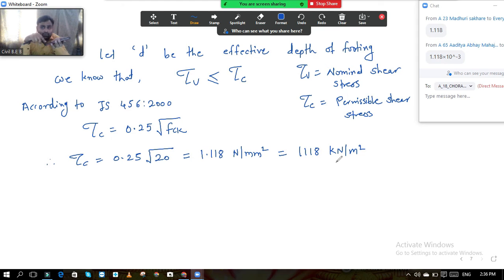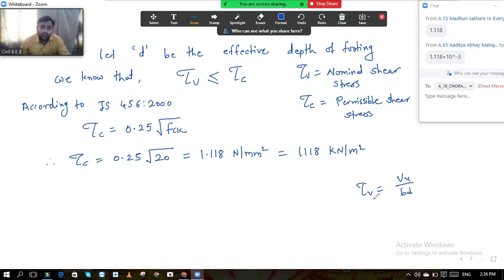Now if the whole shear force developed in this footing can be resisted by the concrete, then there is no need to provide the stirrups. While designing the beams in DCS1 also, we apply the same thing. What we generally do, we calculate the value of tau v. How do we calculate it? It is Vu upon BD. This is our tau v. Am I right?